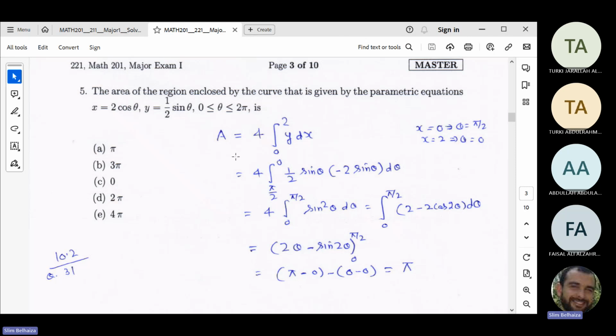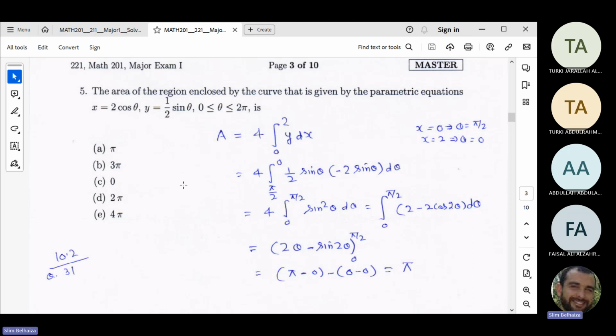We're talking about the area of the ellipse. That's why we multiply by 4, because we have 4 parts in the ellipse. When x goes from 0 to 2, we have 1/4 of the area, multiplied by 4 to get the total area. So basically we just integrate from 0 to 2.